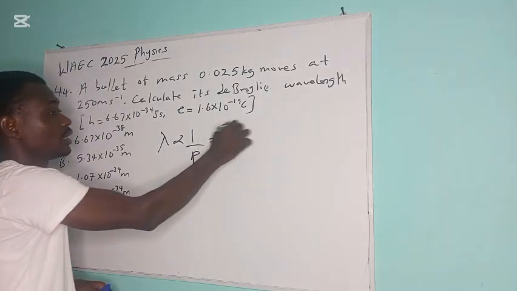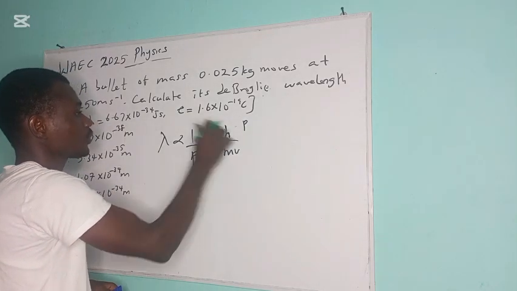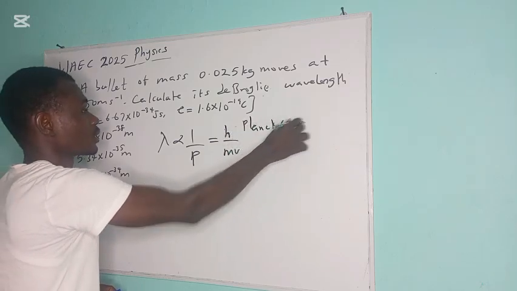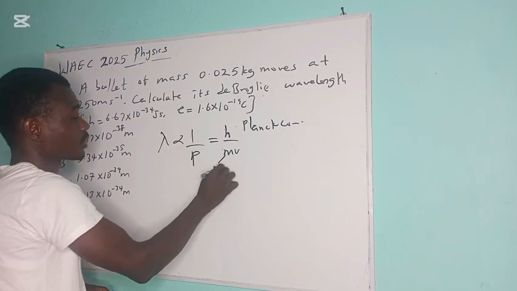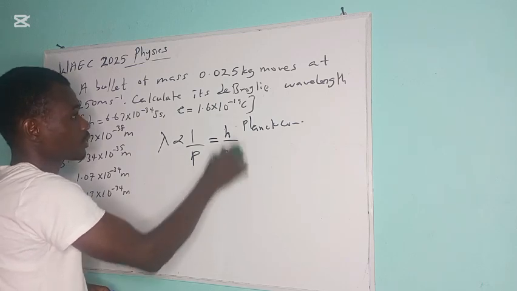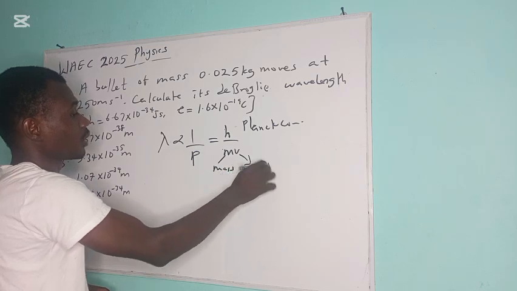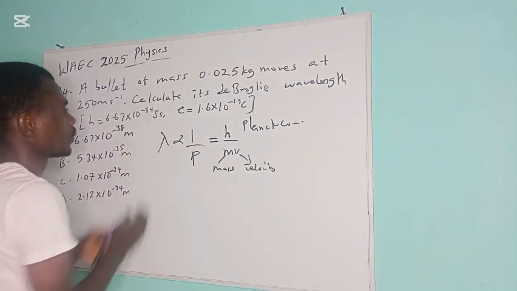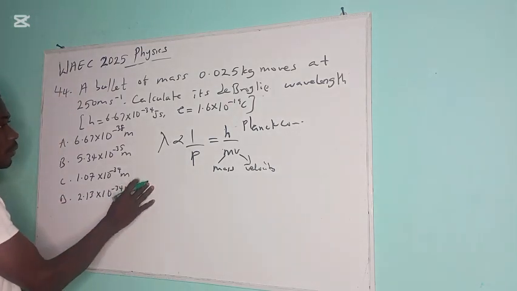Where h is your Planck constant, m is the mass, and v is the velocity at which the particle moves. Okay, so now let's go and see how this will work.